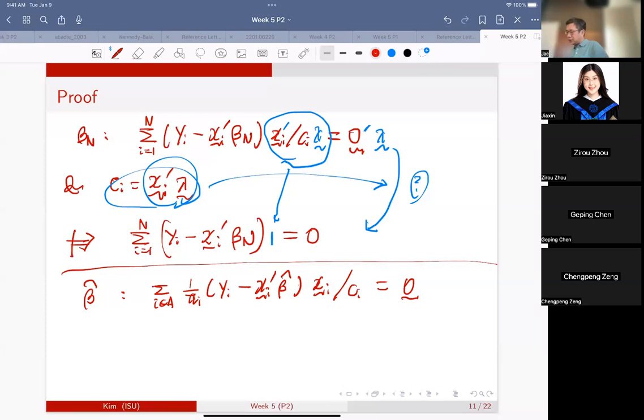This is the defining equation for beta hat. Then you have the assumption that you want to utilize, and what you want to show is the sample version of the normal equation, which is the residual property.